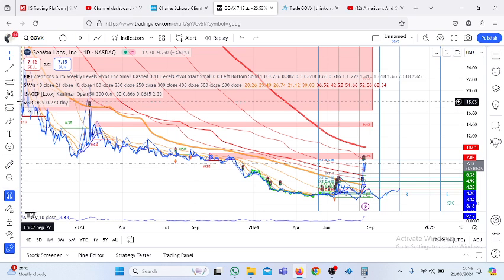Let me get it here. 18.46 or thereabouts. So we're talking about sometime in early September of 2022, two years afterwards. Is it going to happen? Will it print such prices?